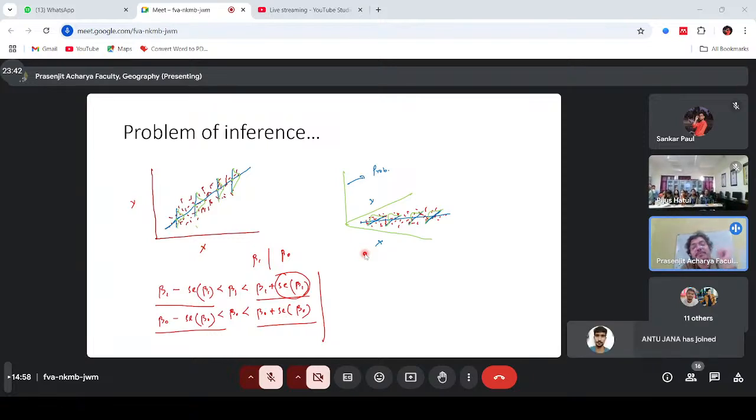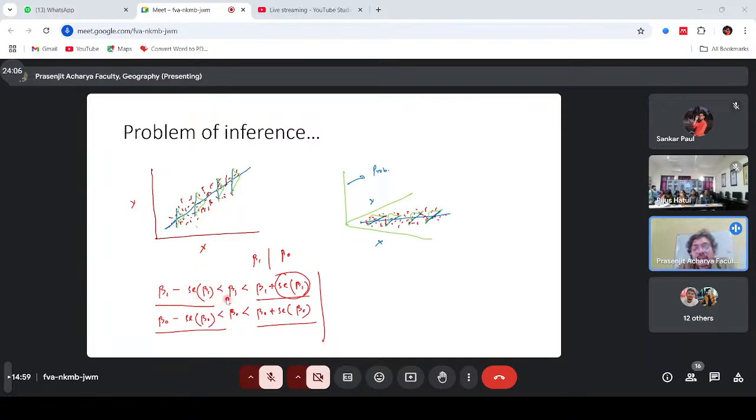So what happens? The statisticians by that time suggested that instead of a point estimator or the mean estimator, what if we just go for an interval estimator, right? So they find the standard error of beta 1 and the standard error of beta 0. Both can be easily found from the existing matrix.